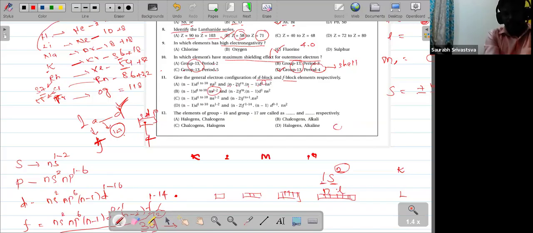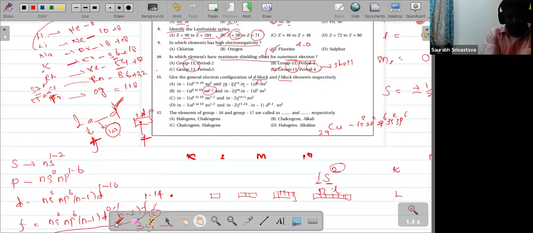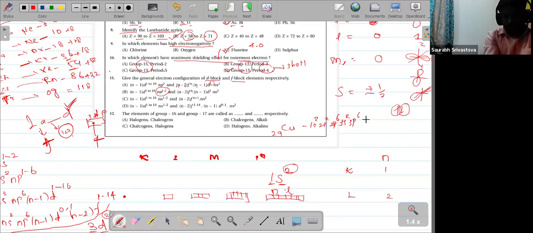Copper, atomic number 29, the electronic configuration 1s2, 2s2, 2p6, 3s2, 3p6, 4s1, 3d10. Why is it 3d10? Because of complete fill.